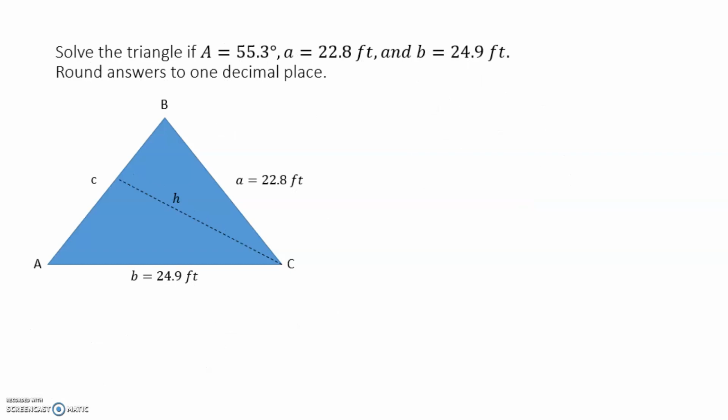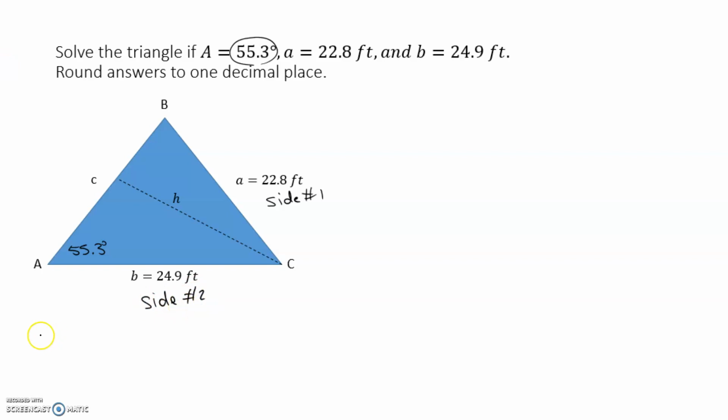If we look at this one, here's my given information. They gave me one angle, which was 55.3, so it's another acute angle, so I could have no triangle, one triangle, or two triangles. And then I need to write my 55.3 degrees right here. Opposite of that, this is side number 1, which means this is side number 2.